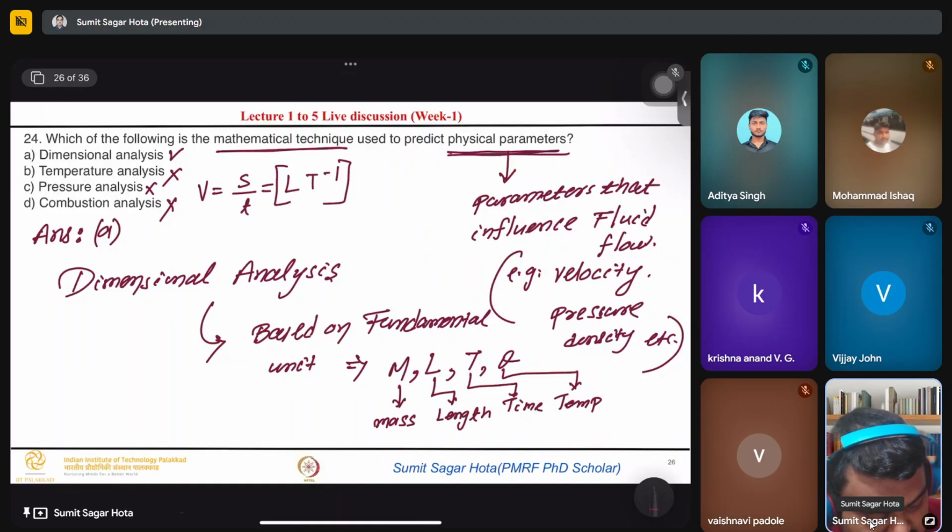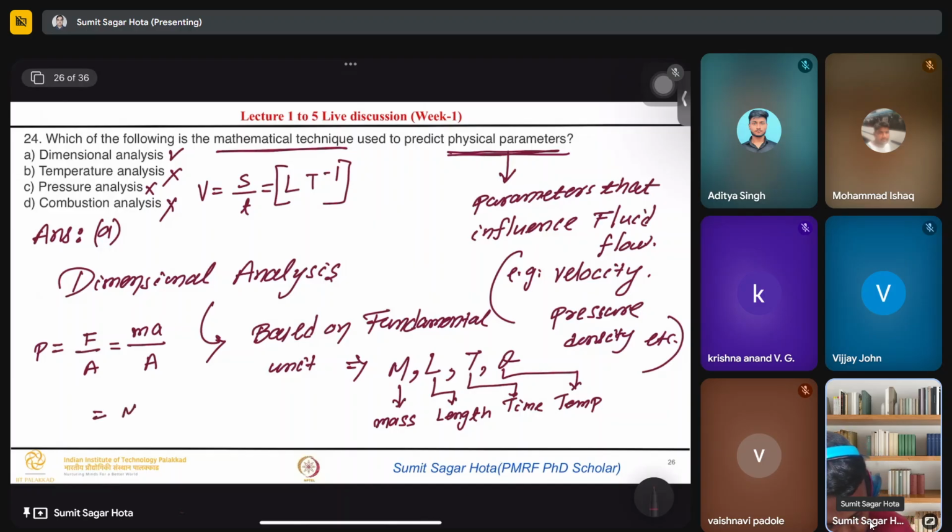Similarly, take pressure: P is equal to F by A. F is equal to mass into acceleration, divided by area. Mass is M, and acceleration is V by T. What is V? L T inverse.